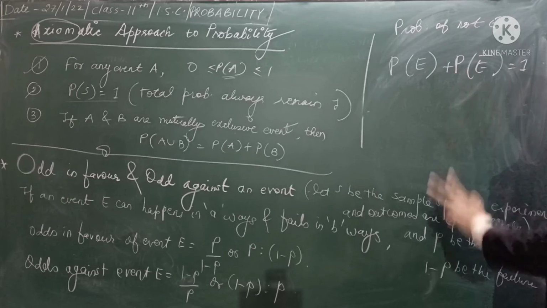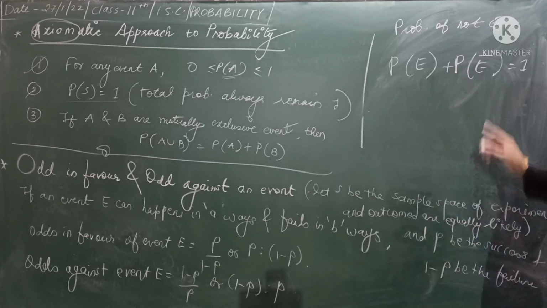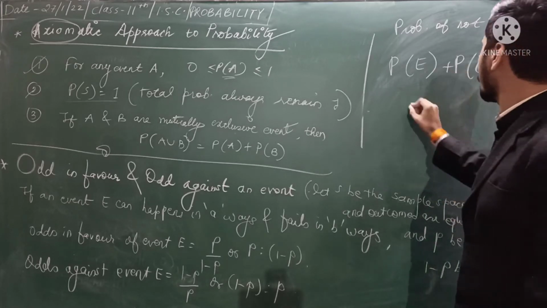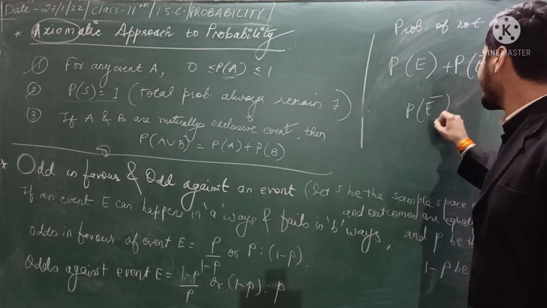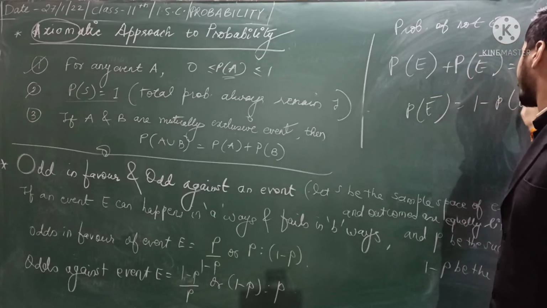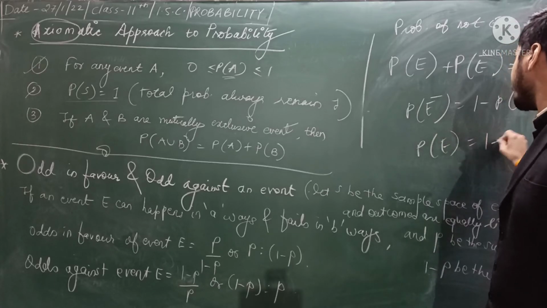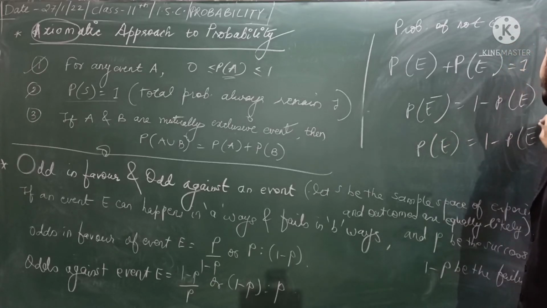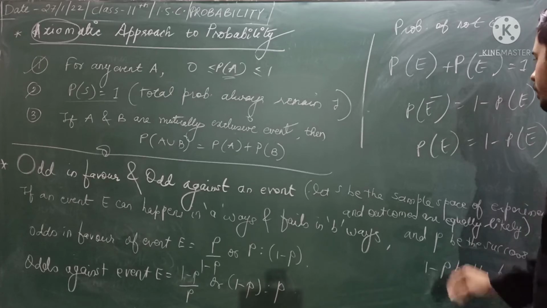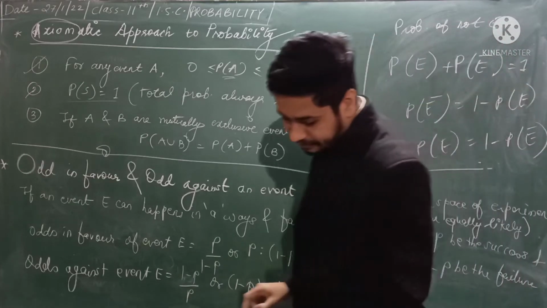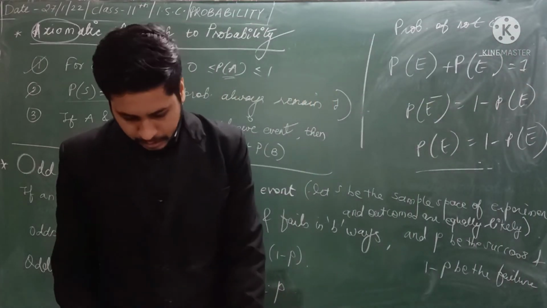These two are complements of each other. So the probability of not E will be 1 minus the probability of E, and you can also say that the probability of E can be found by 1 minus the probability of not E. I hope this definition is clear to you.